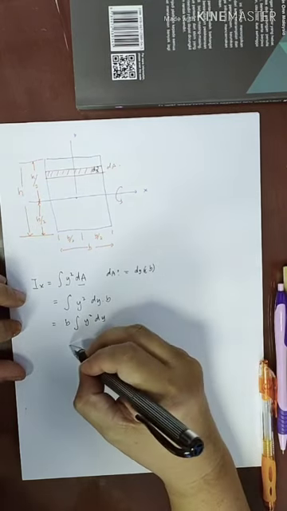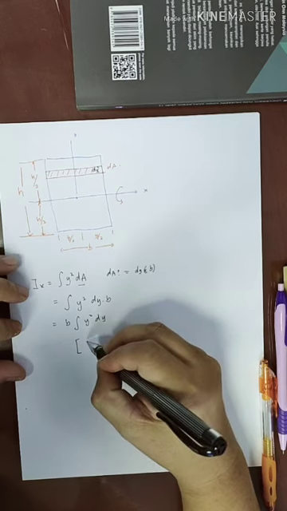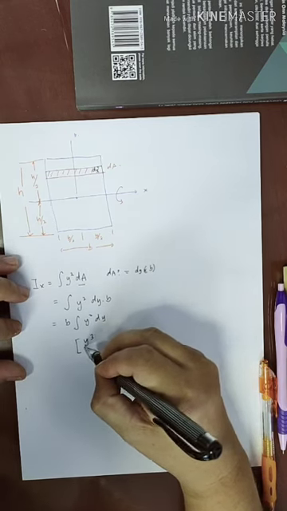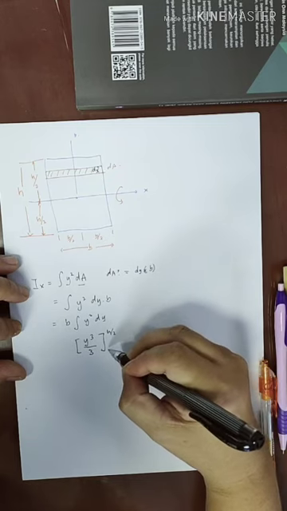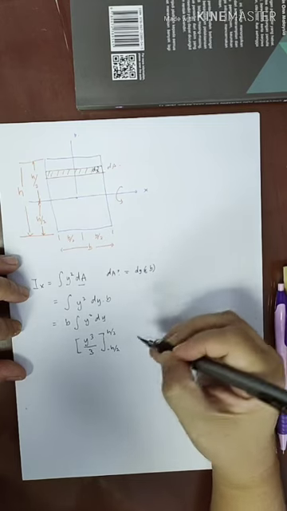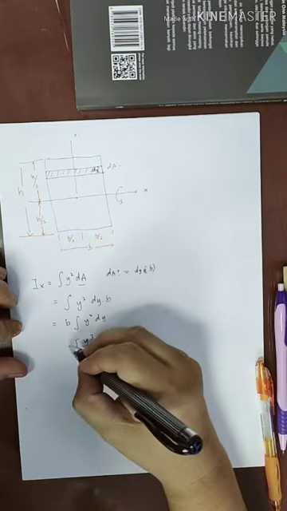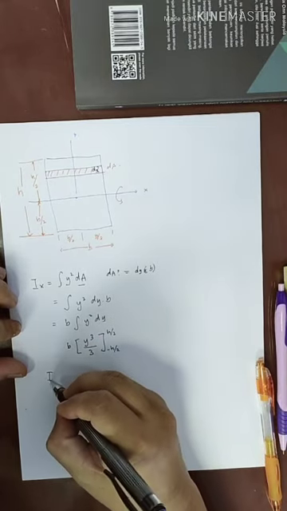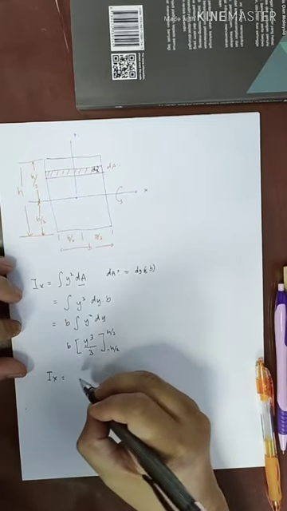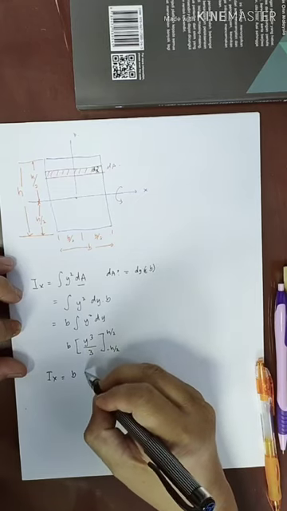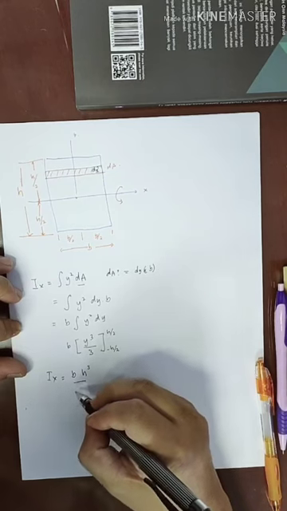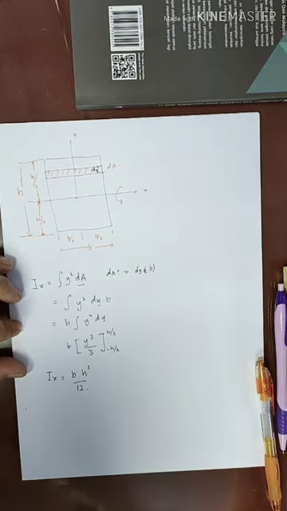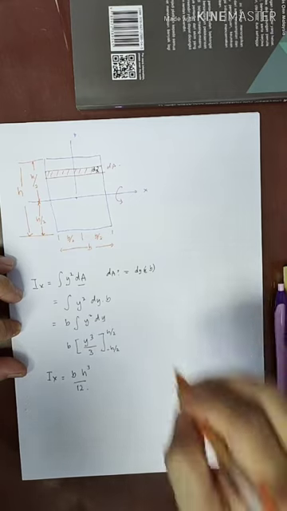So the integration of y squared, you have y cubed over 3 from h over 2 minus h over 2. So finally we have Ix equal to b h cubed over 12.